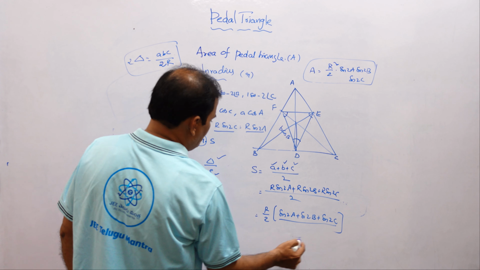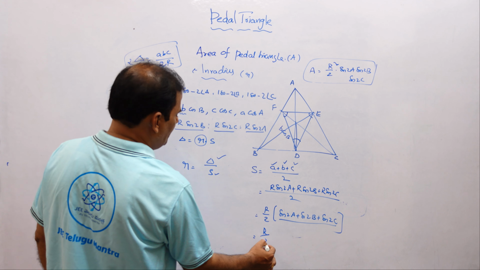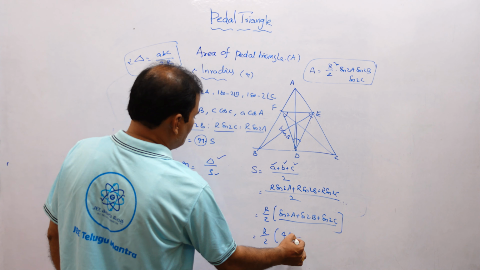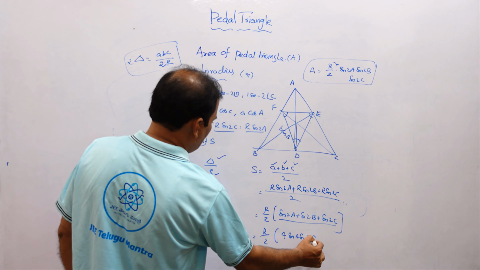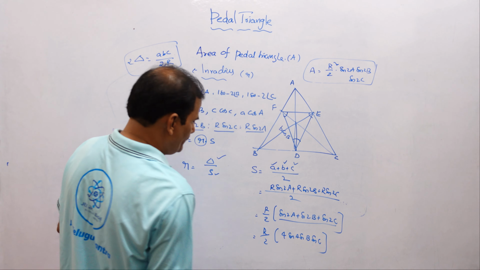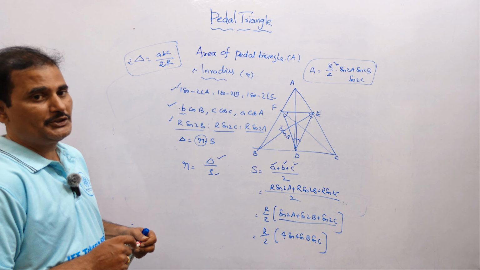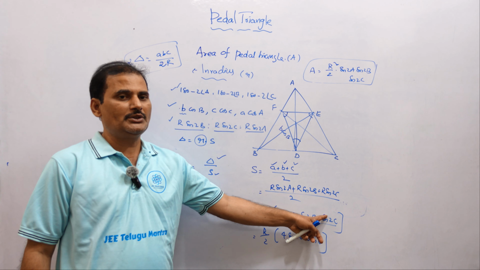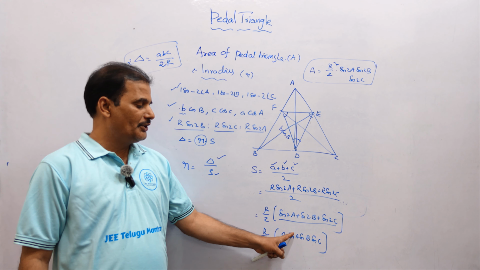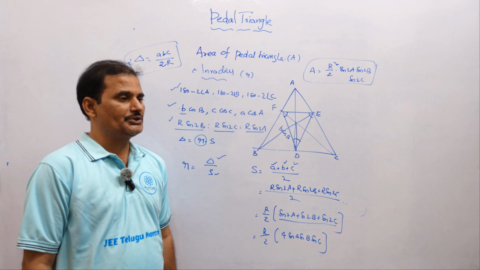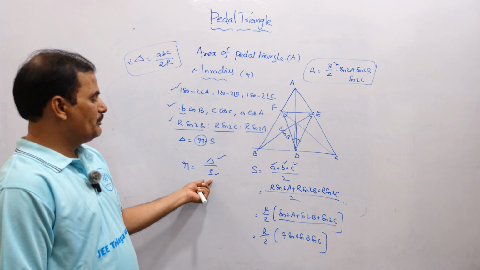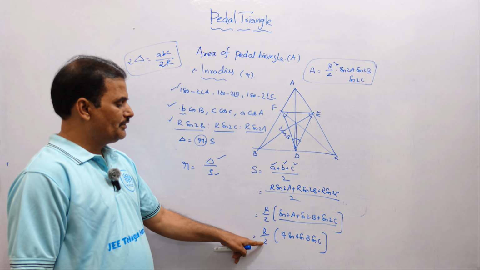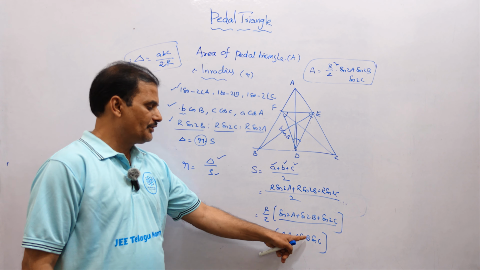We know the formula: when we learn compound angles, this formula comes: sin 2A plus sin 2B plus sin 2C is equal to 4 into sin A, sin B, sin C. So semi perimeter is equal to R by 2 into 4 sin A, sin B, sin C.